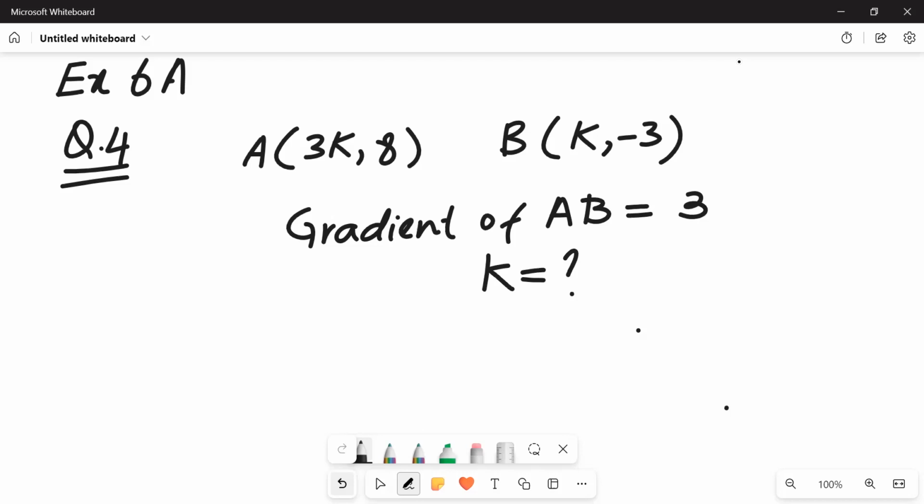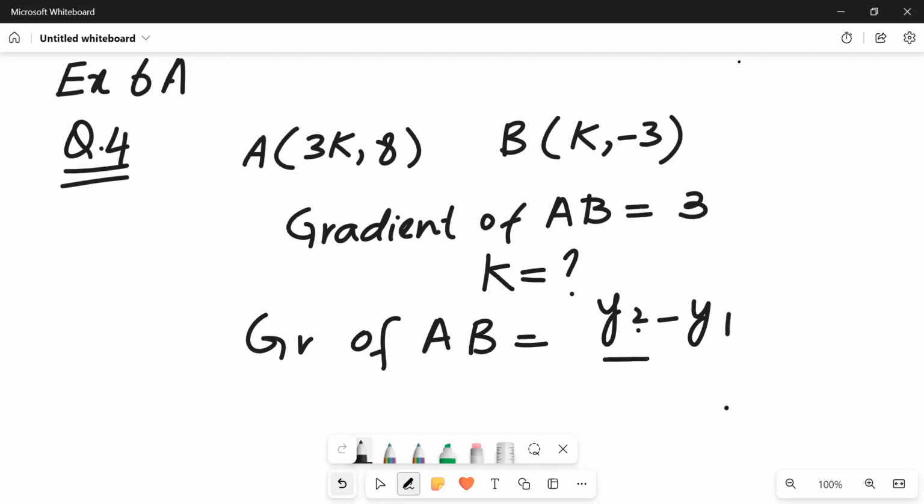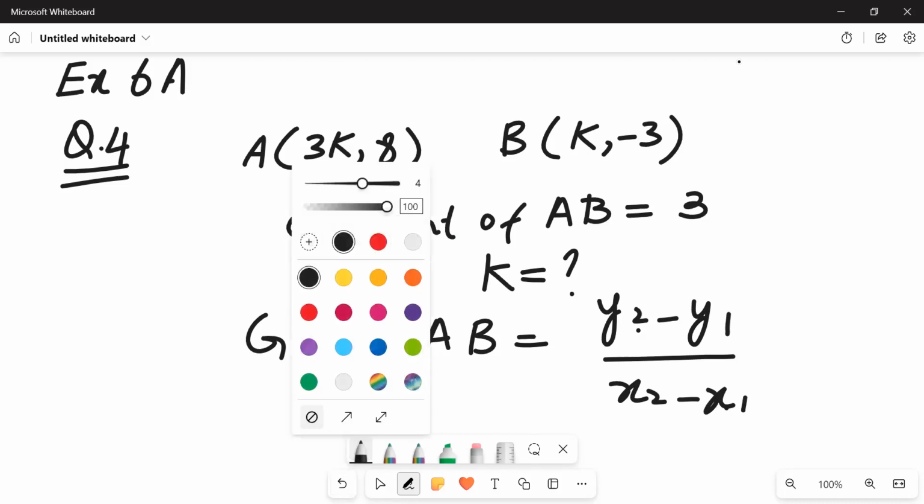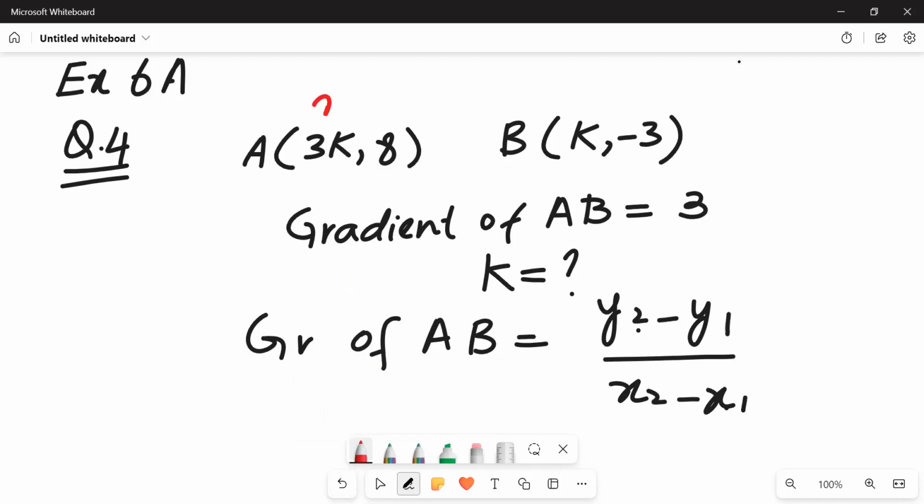So according to the formula, gradient of AB is equal to y2 minus y1 over x2 minus x1. Now we will suppose these are the point x1, y1, and this is x2, y2. We will put these values here.